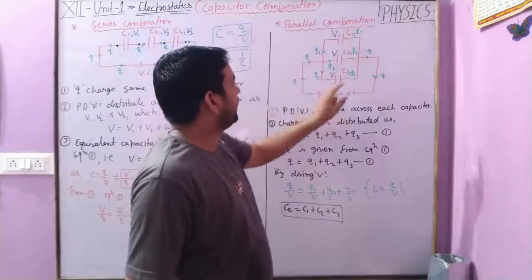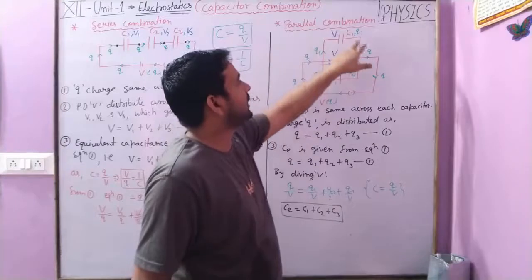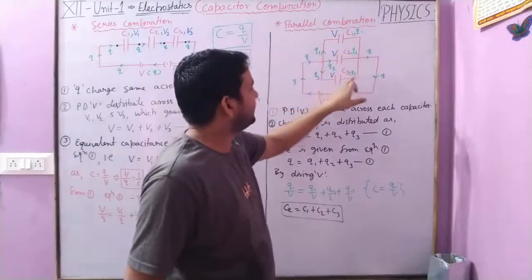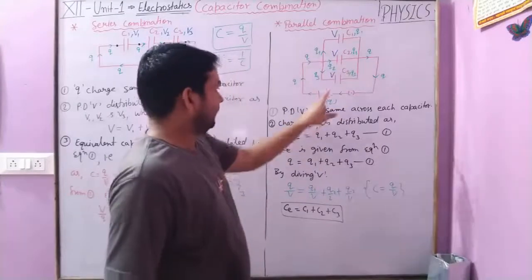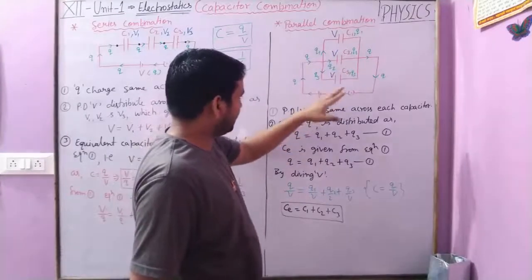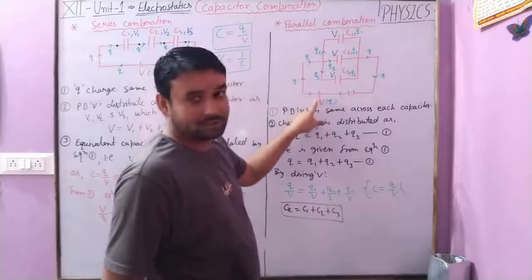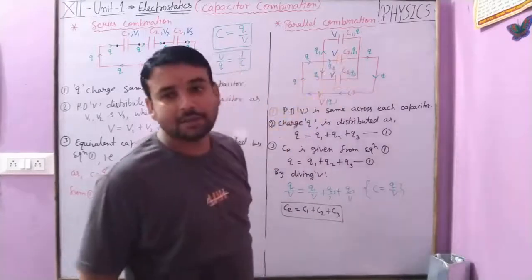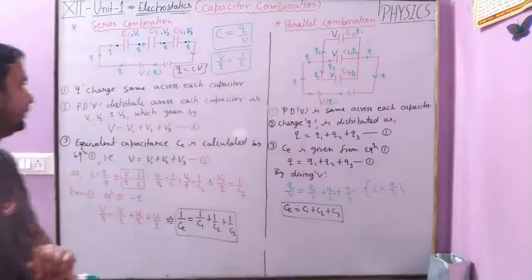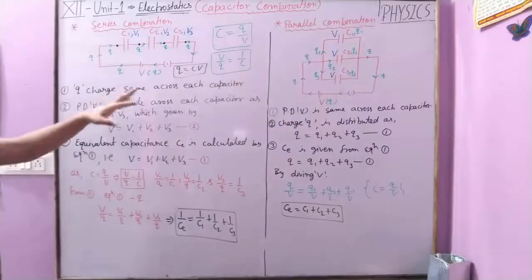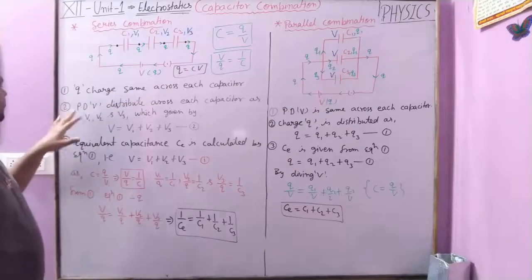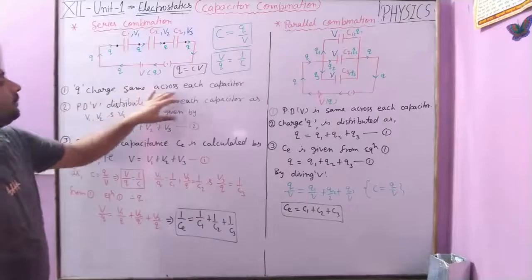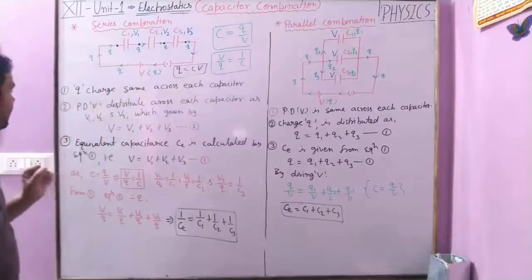In parallel we have three paths, so the charge across C1 is Q1, across C2 is Q2 and across C3 is Q3. But because every capacitor is connected individually across the battery, the potential across each capacitor is the same, equal to V. Now the rule of combination for series is: first, the charge Q is the same across each capacitor, as explained.